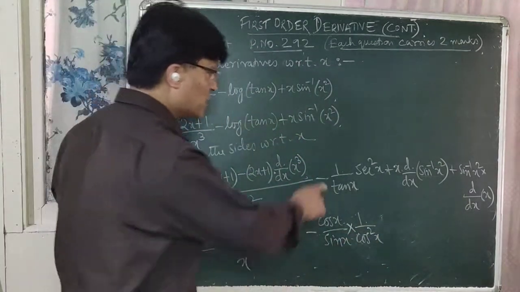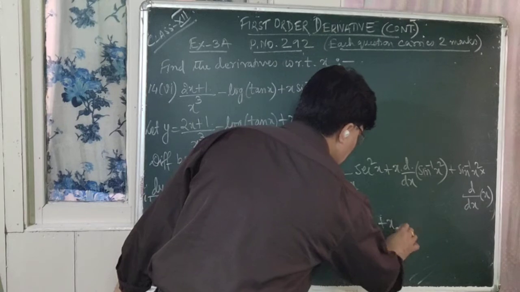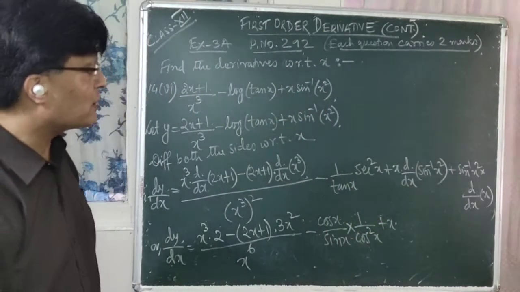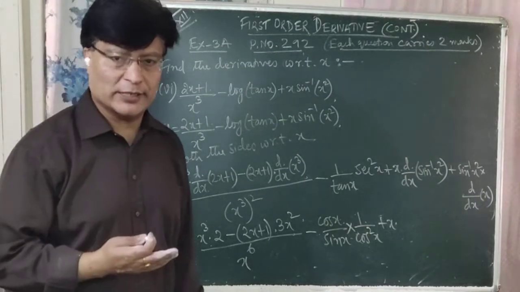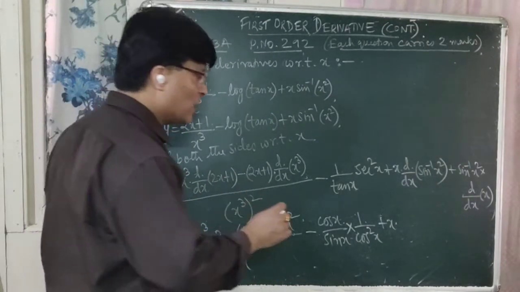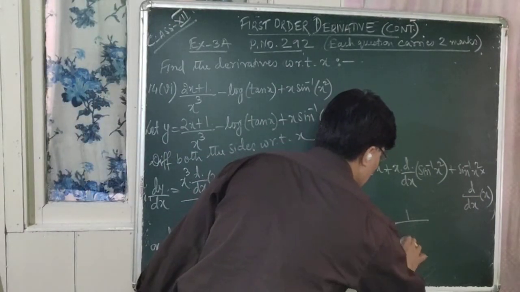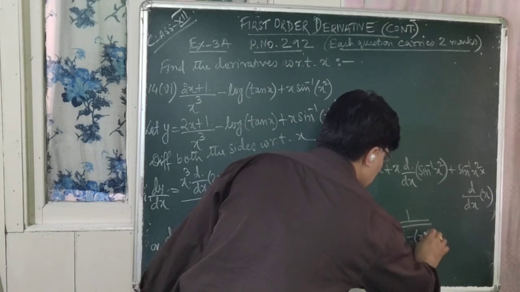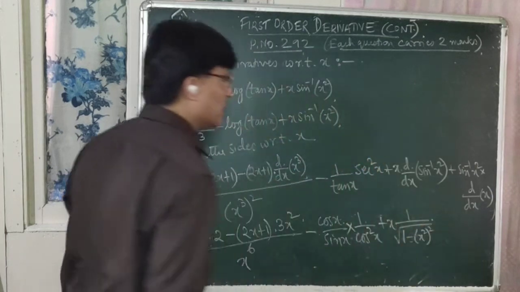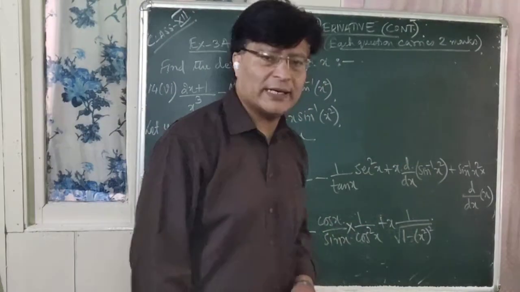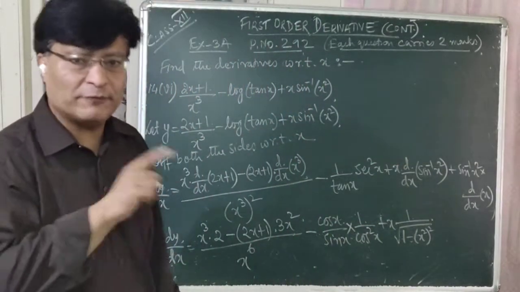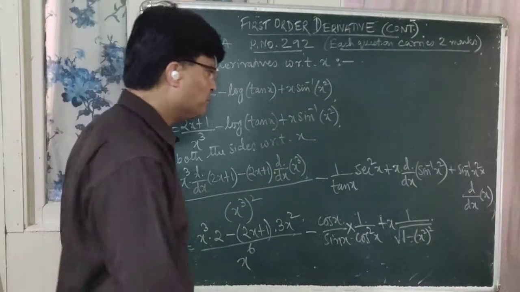So let us differentiate the next part, x into, so how can we differentiate (sin inverse x) square with respect to x? You have to take it as first sin inverse x. What is the differentiation of sin inverse x? 1 upon root over 1 minus, what is x here? x square whole square, into. Now which function was taken as x? x square. You have to differentiate again that x square, okay?